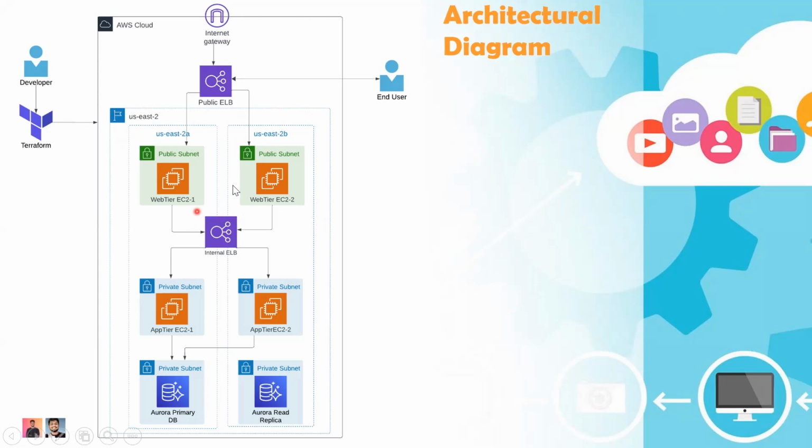I am now going to demonstrate this architecture step by step. First we need to create the VPC, and next the subnets and the load balancer.